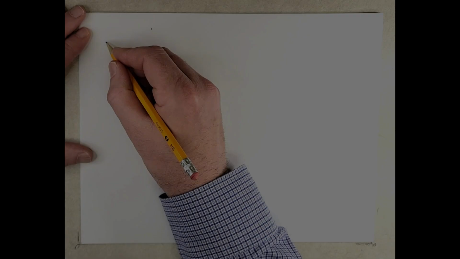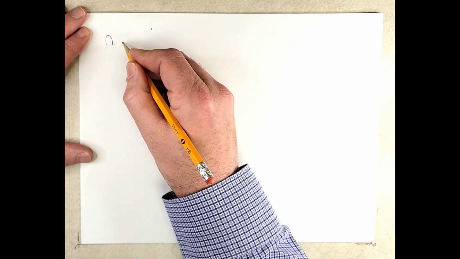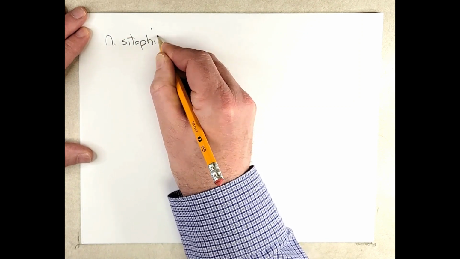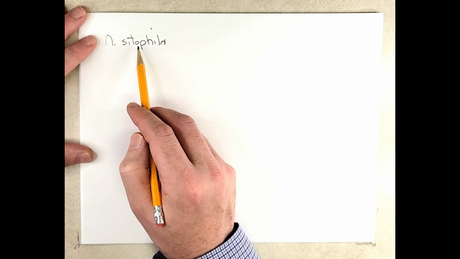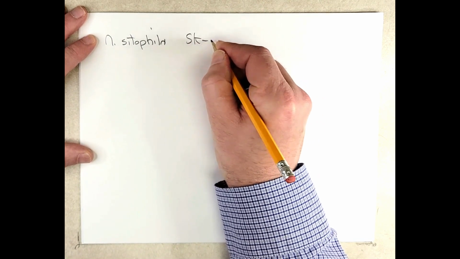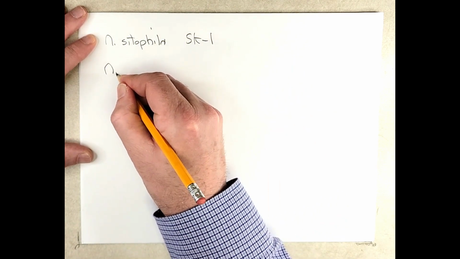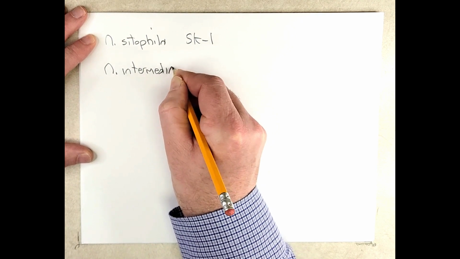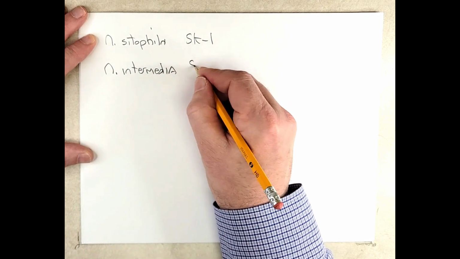So Turner and Perkins discovered SK1, SK2, and SK3. They discovered SK1 in a species called Neurospora cytophila. They discovered SK2 in a species called Neurospora intermedia.